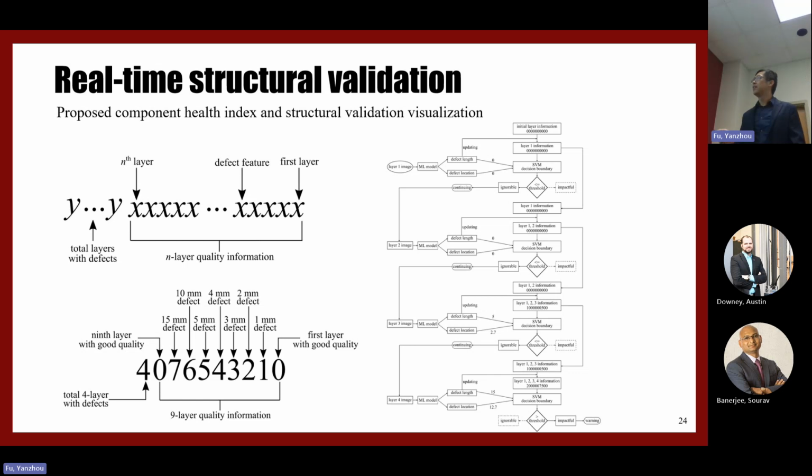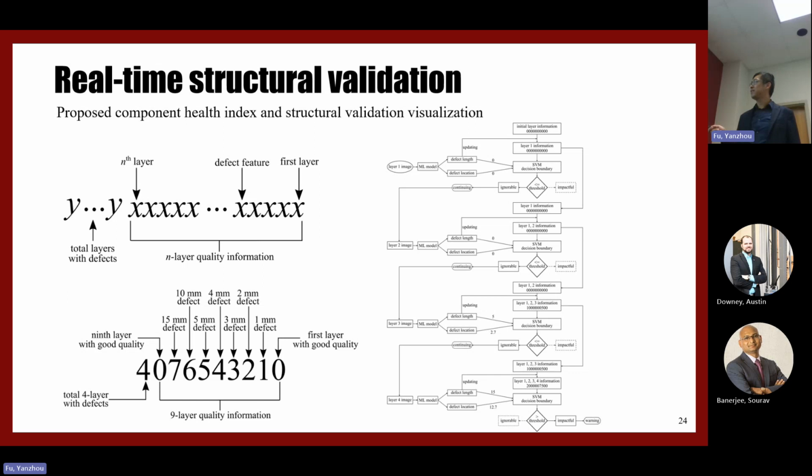After prediction, the machine learning gives out that there is a 5 millimeter defect, and this is the defect location. Then the component health index will update because this is layer 3.